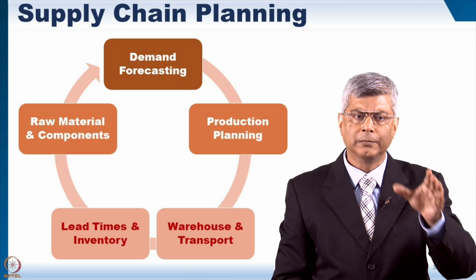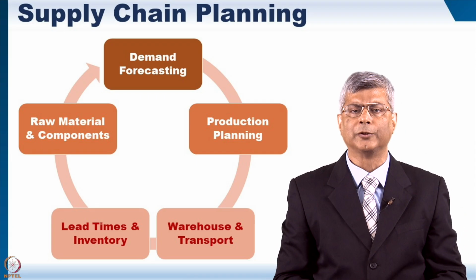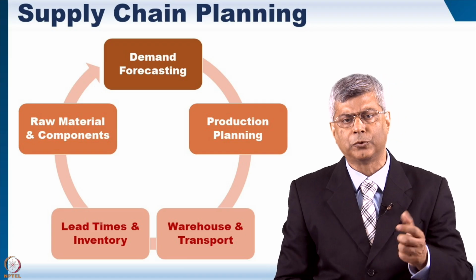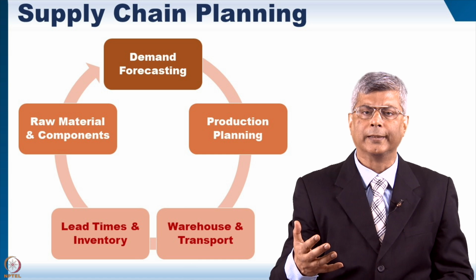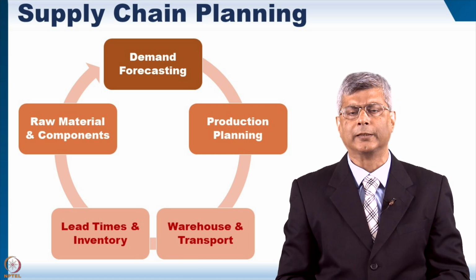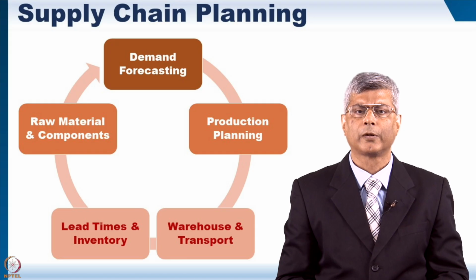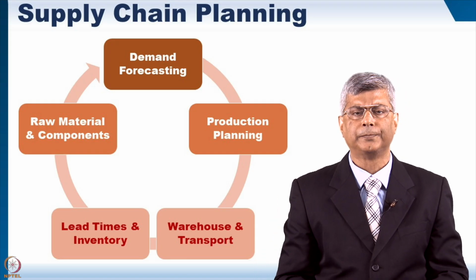At the same time, the production people will start doing the production planning. So many cars to be made per day, so many phones, so many laptops, so many kilos of refined oil, so many packets of biscuits or soaps or detergents. Because the production also has to be planned.